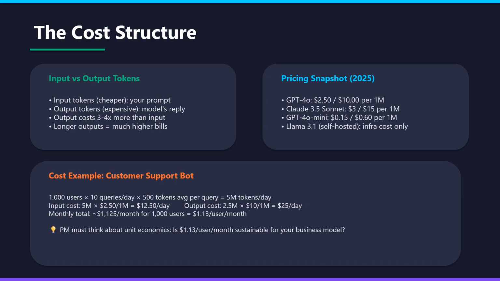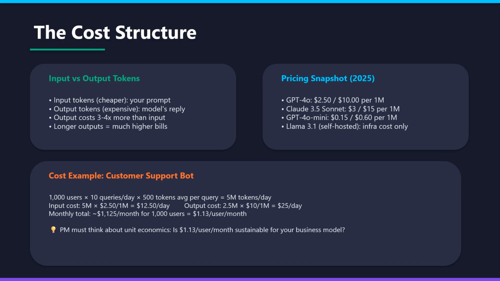Top right card, you can see the pricing snapshot for 2025. GPT-4 costs $2.50 for input, $10 output per million tokens, and Claude 3.5 Sonnet, $3 for input, $15 output per million.